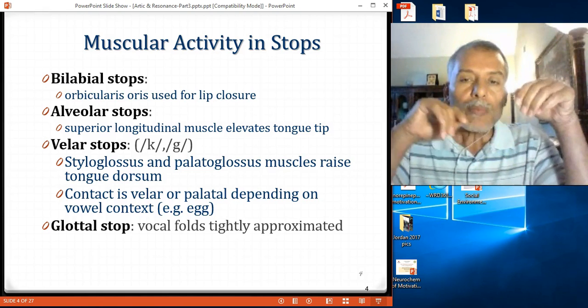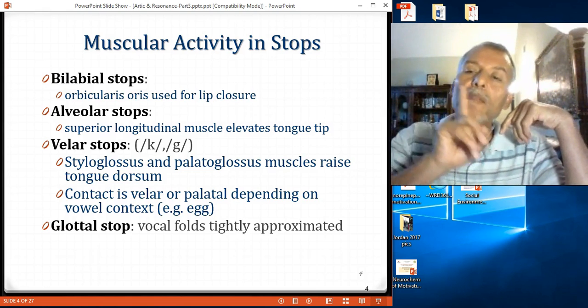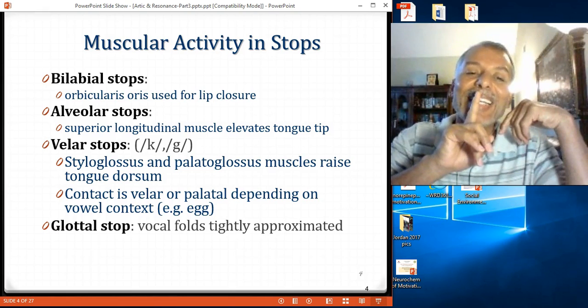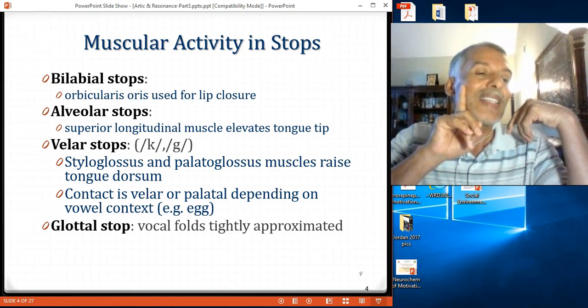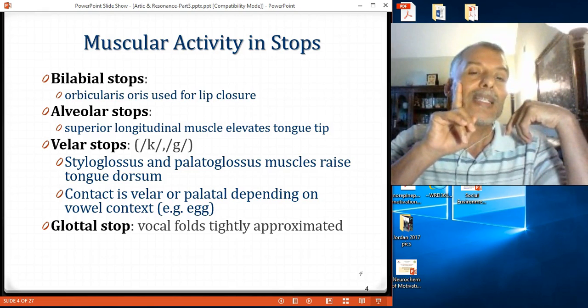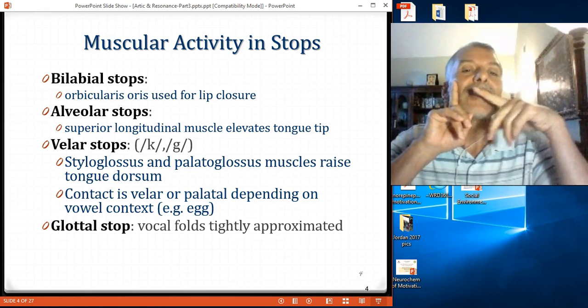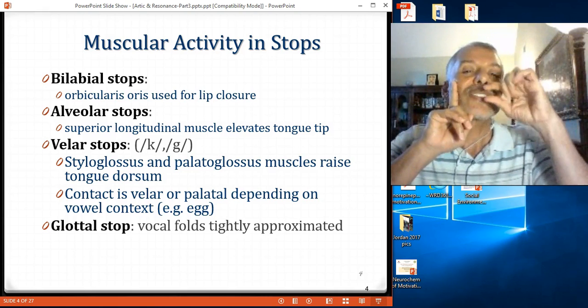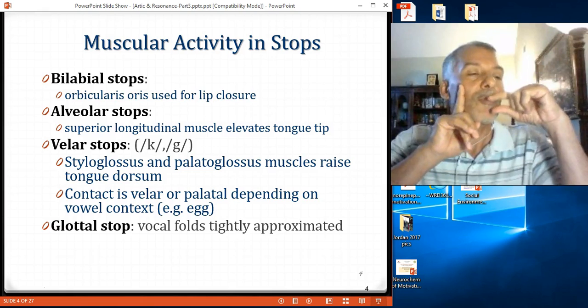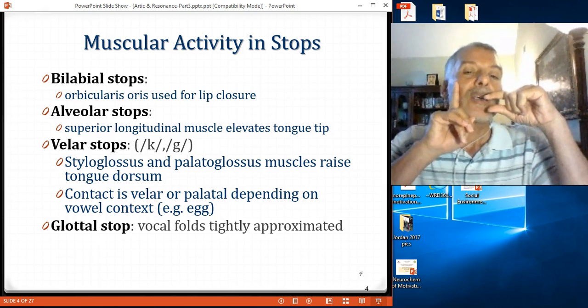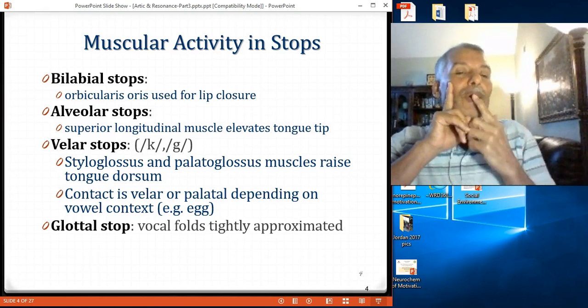Because the tongue is far front when you say e, the borderline between the hard palate and the soft palate is the area where you make the k and g. When you say e, the tongue is already far ahead, front and high. Then you come back and say eggs.